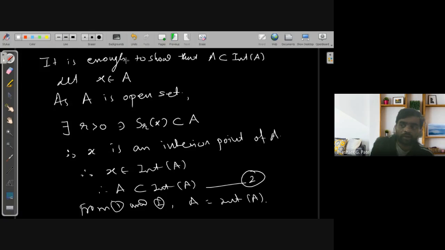Now there are certain other results on interiors. I will state those results here and I will give you a time of 1 day to prove those statements. So all the statements are for interior. X is a metric space, which we require. The first statement is interior of phi is phi.